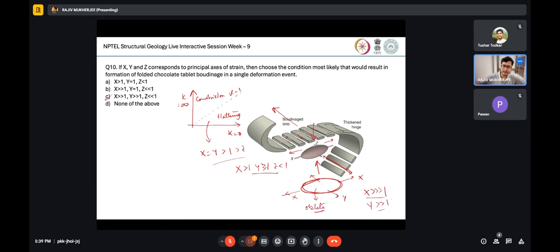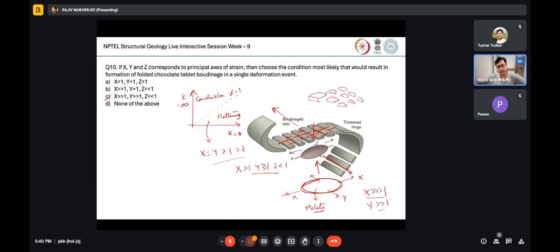So what will happen? You will also start creating fractures perpendicular to y, right? And eventually you will end up producing this kind of fragmented structure. These are chocolate tablets.